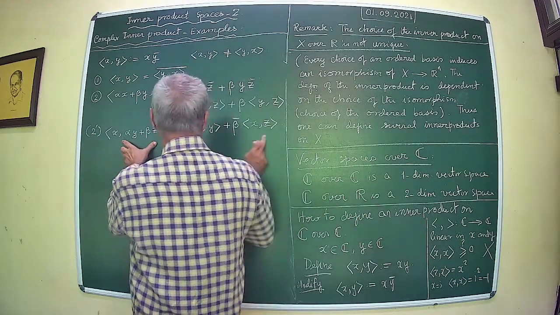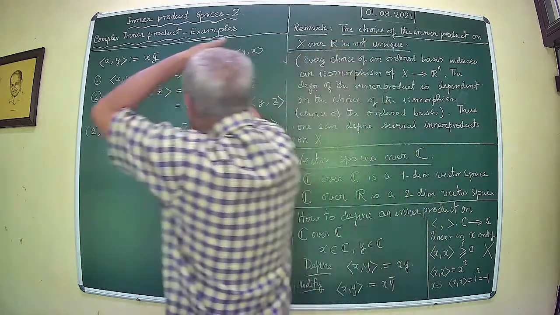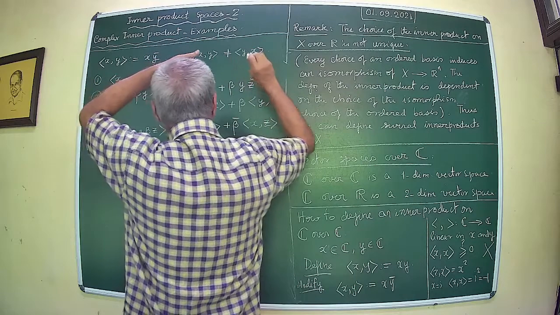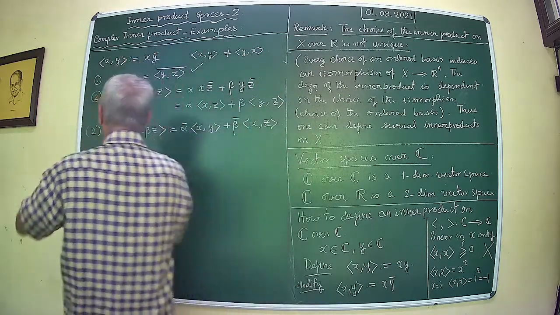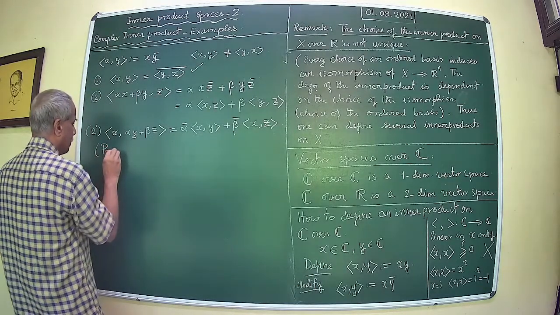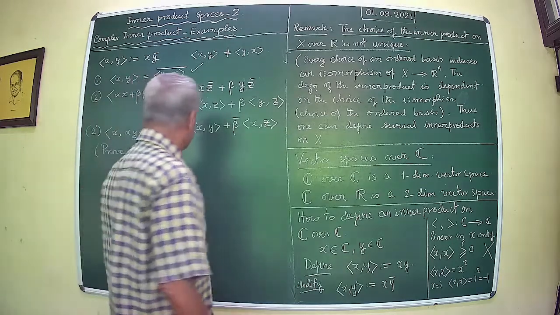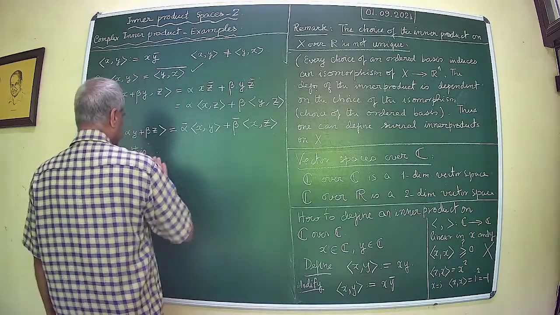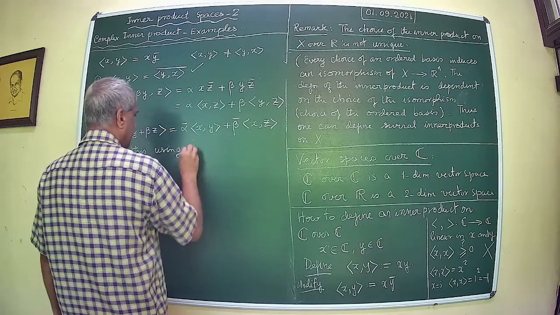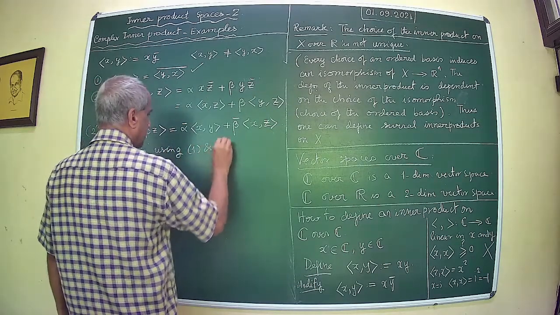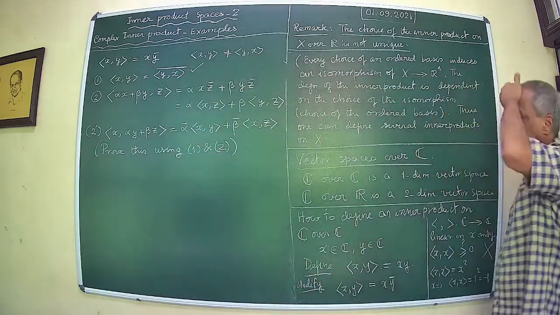This you can verify. So this is the modification that turns out, and this is a consequence of this modification. So prove this, using 1 and 2. Or 1 and 2 together implies 2 prime.